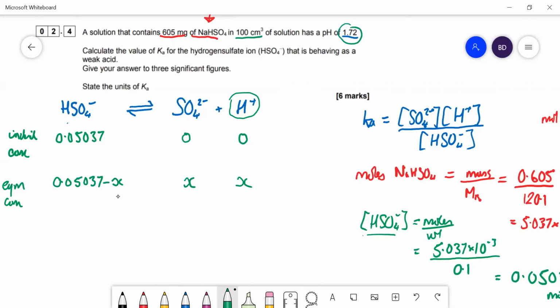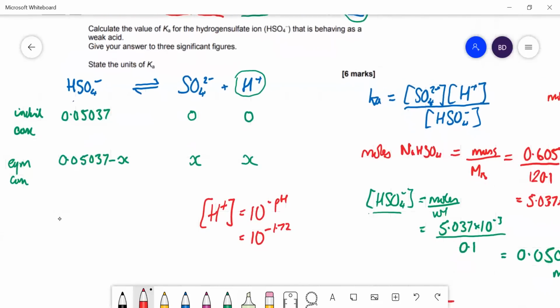So H plus is equal to 10 to the power of minus pH, which is 10 to the power of minus 1.72. Doing the calculator, that gives us 0.01905 mole per decimeter cubed. And that, of course, is X.